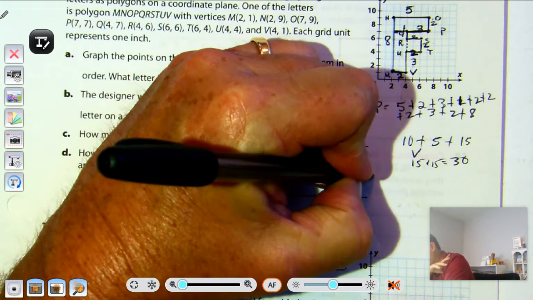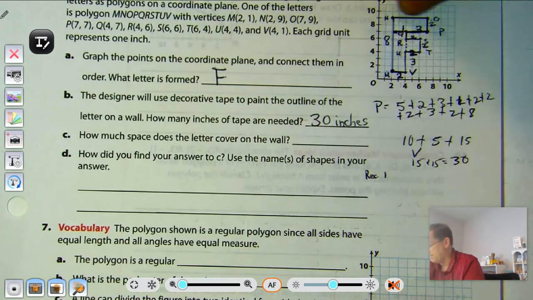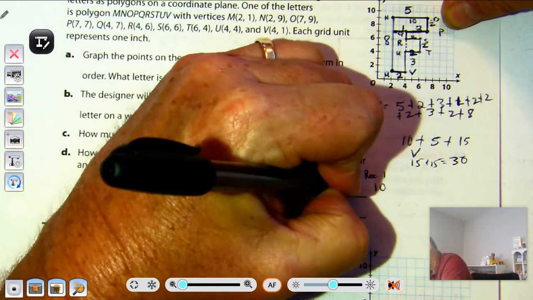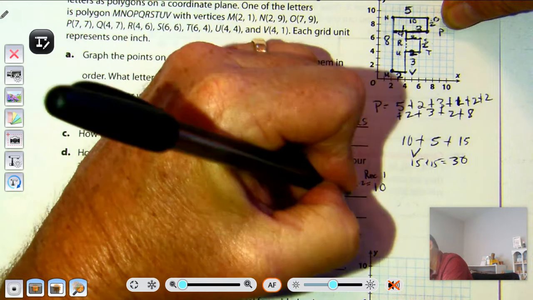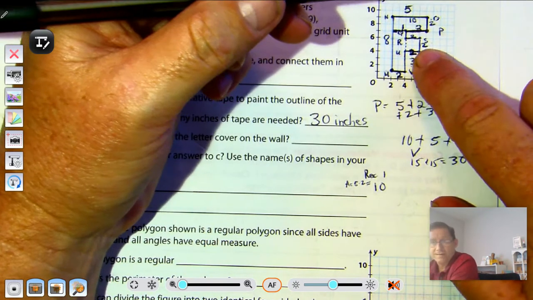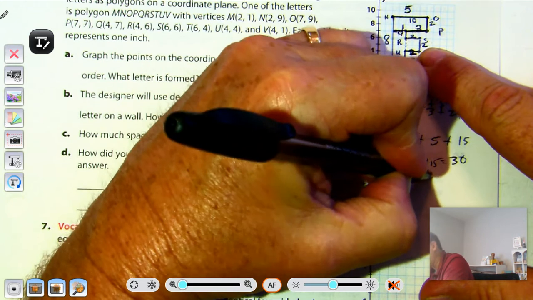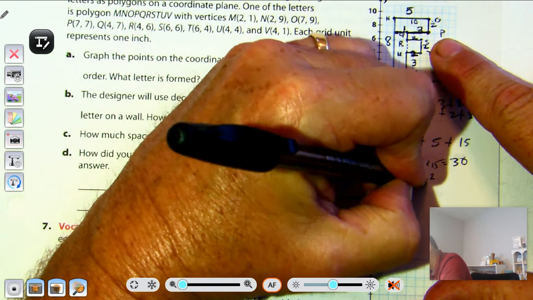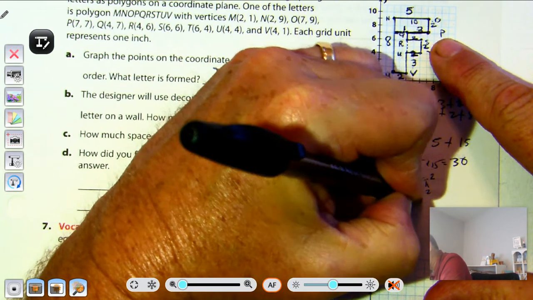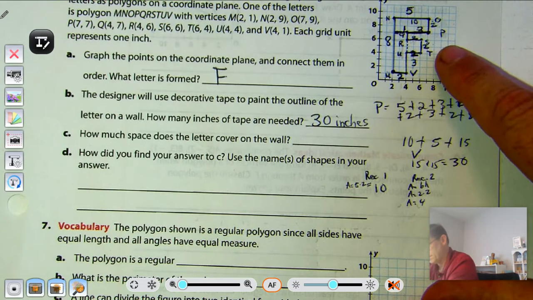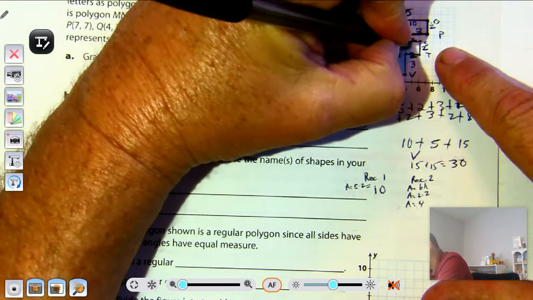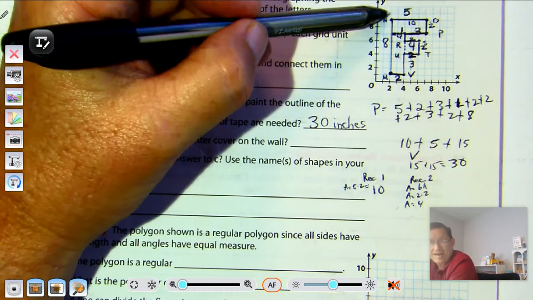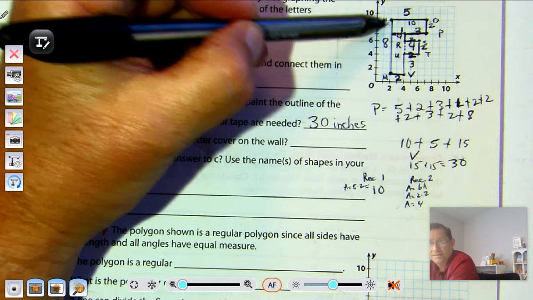So rectangle 1 is going to be 5 times 2. So that's going to be 10 square units. The small rectangle here for rectangle 2 will be simply 2 times 2 equals 4 square inches. And then the longer one here, it's not 8 because all the way up is 8. So we have to subtract this small piece here.